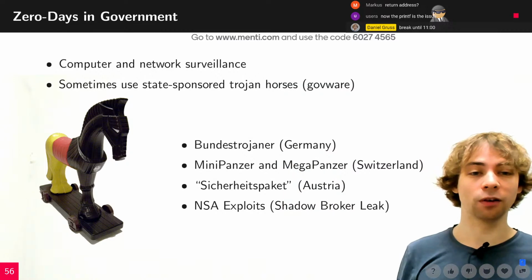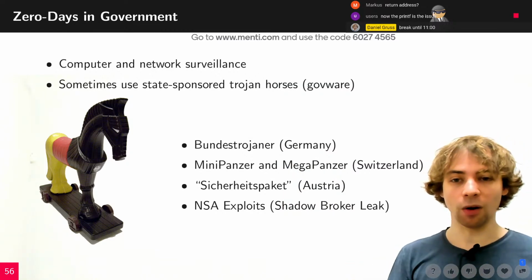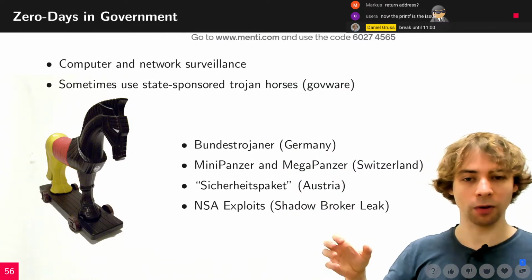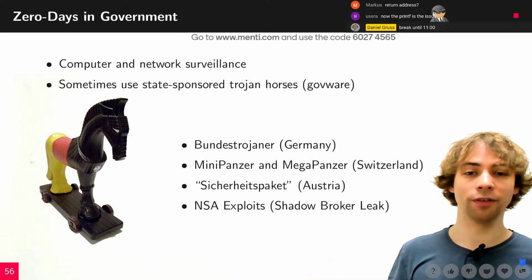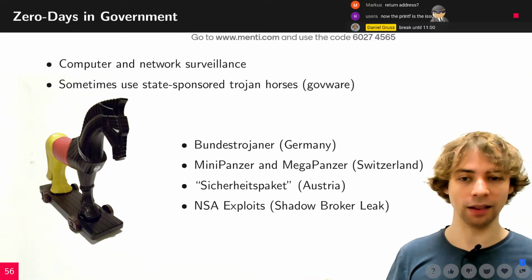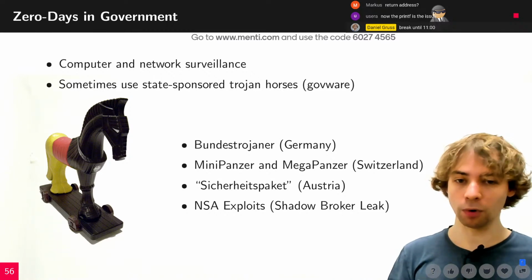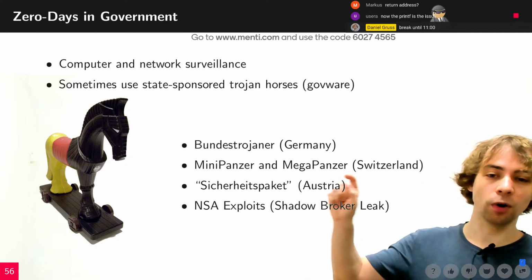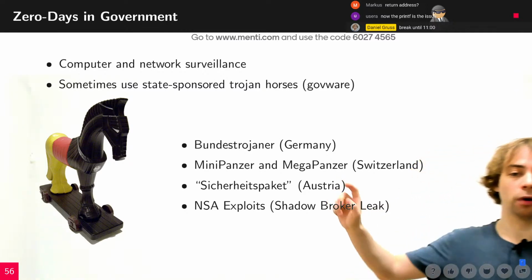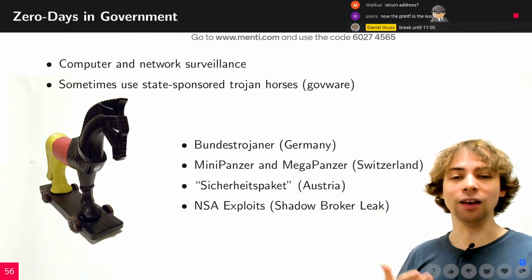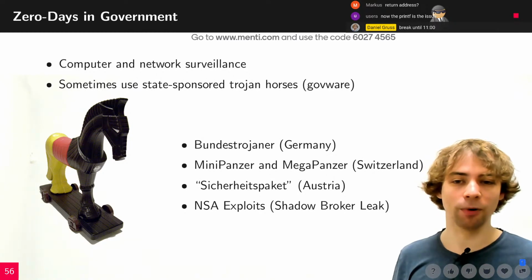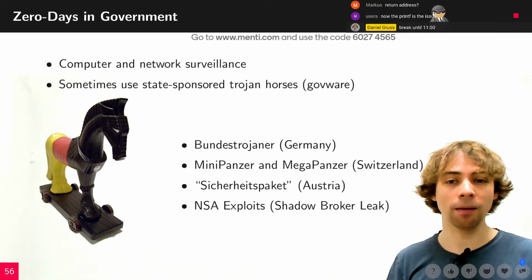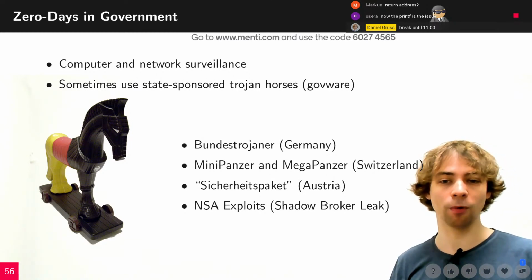Because think about it, the Trojan horse is a software that only can operate on your system if they have an unpatched vulnerability in there. Otherwise, they won't work. So they need that unpatched vulnerability. And what happens here, for Austria, for instance, they need to buy these 0 days somewhere. They need to buy these unpatched vulnerabilities somewhere.